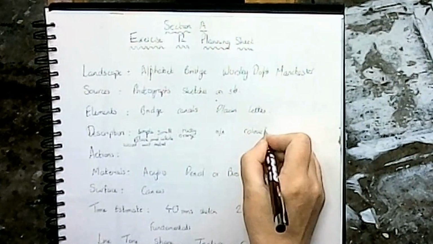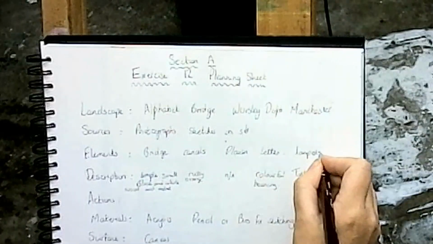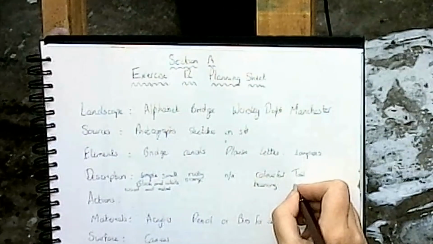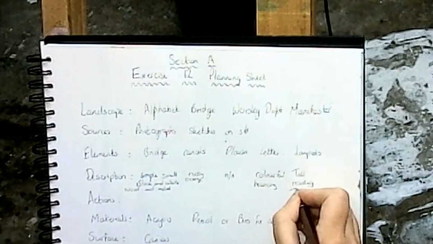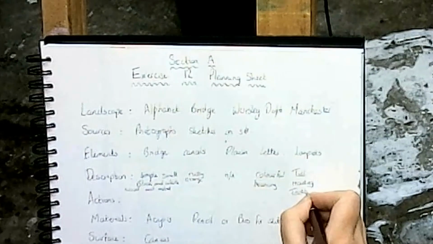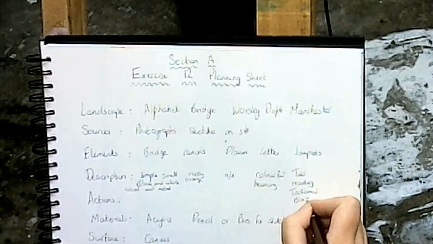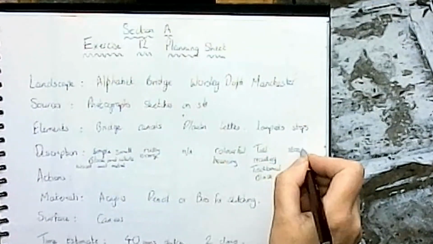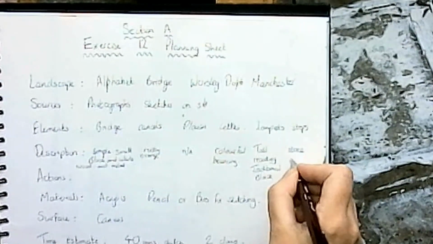The other thing that I have included that I didn't think I was going to was the lamppost. A lamppost's tall, traditional, black, and the steps, stone, dark stone steps.